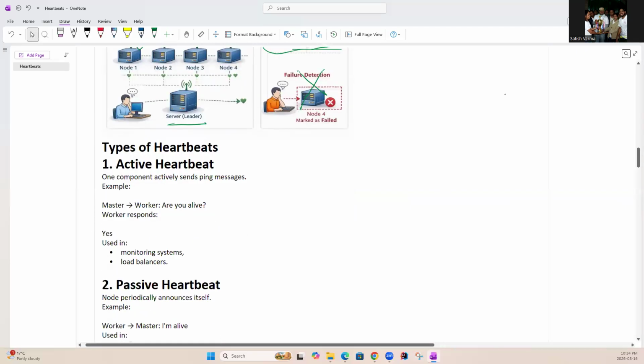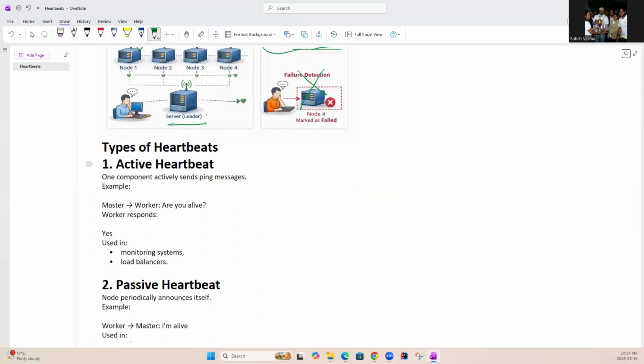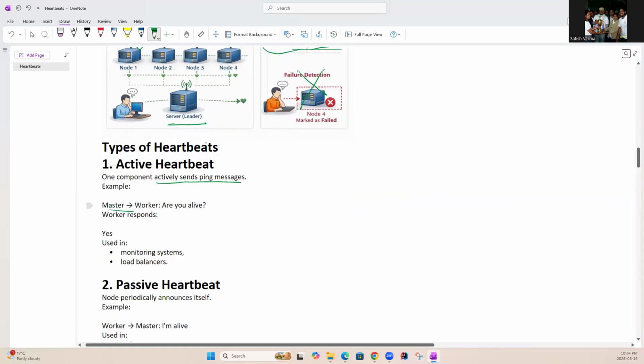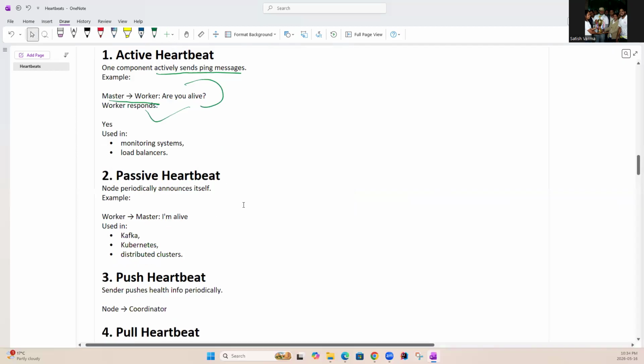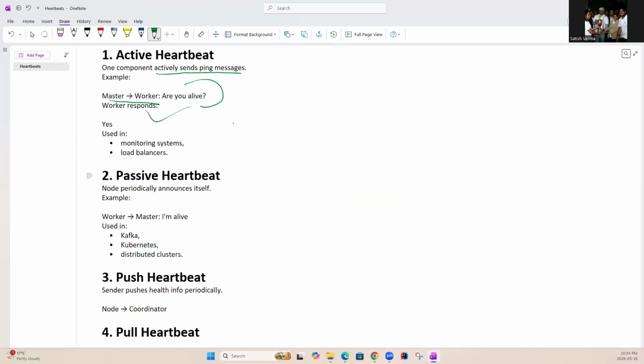Now, types of heartbeats. Active heartbeat: one component actively sends ping messages. Example, master and worker. The master will ask the worker, are you still alive? Yes, I'm still alive. Passive heartbeat: the worker sends a message to the master, I'm alive.